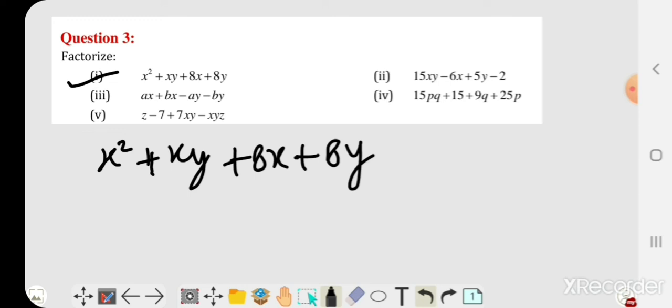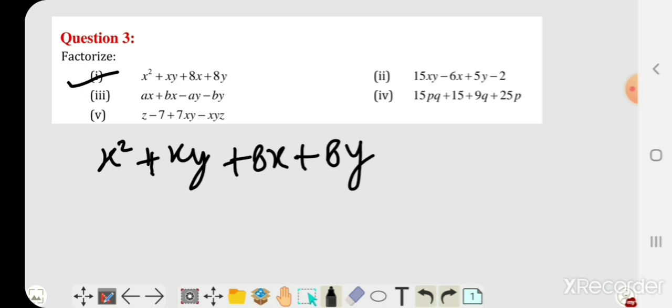If you see the 4 terms, nothing is common in all 4. Yes, here there is x, but in the last one there is no x. Then y is in these two, but it is not in the remaining two, and 8 is also not everywhere. So don't be confused, just make sets of 2, 2.